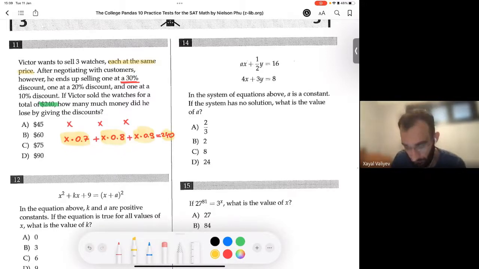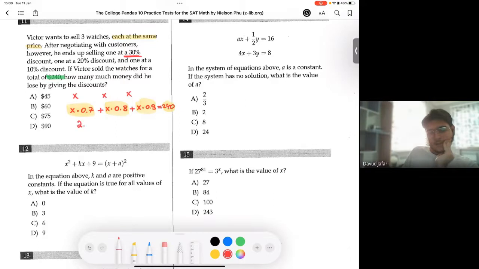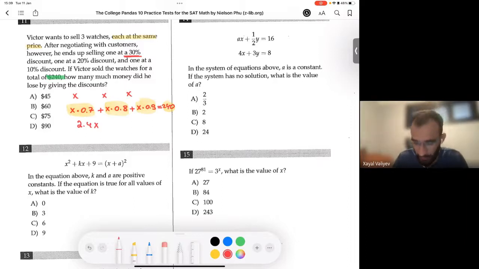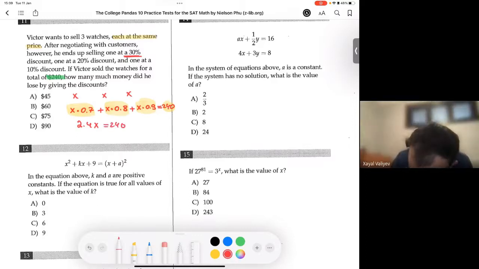So if I add them all up, I'll have 0.7x plus 0.8x plus 0.9x. They're all multiplied.